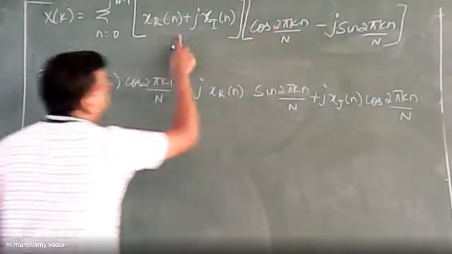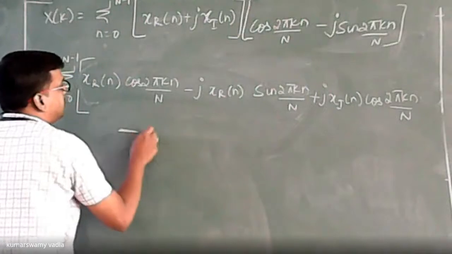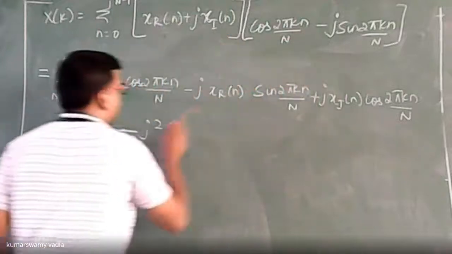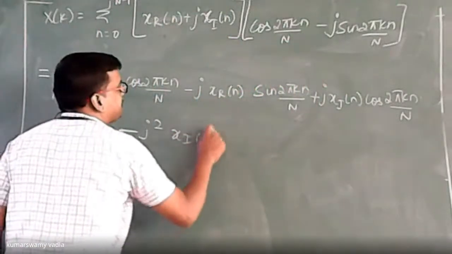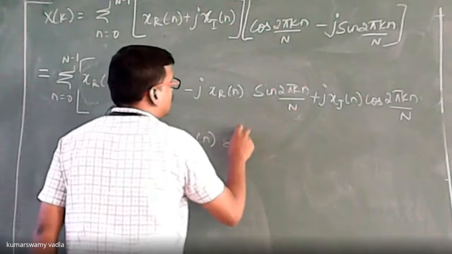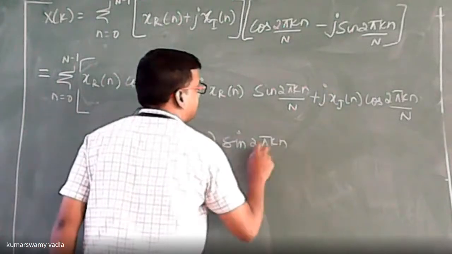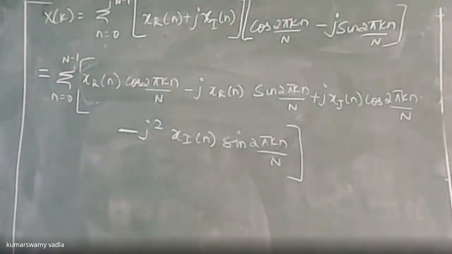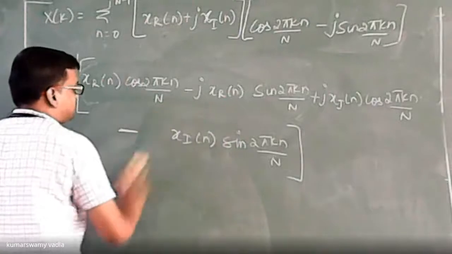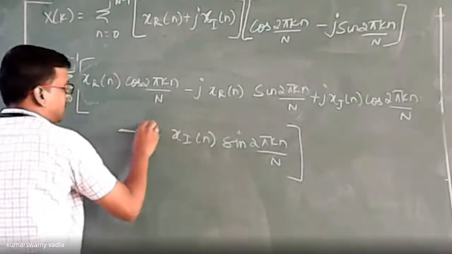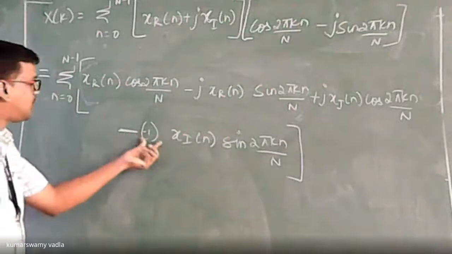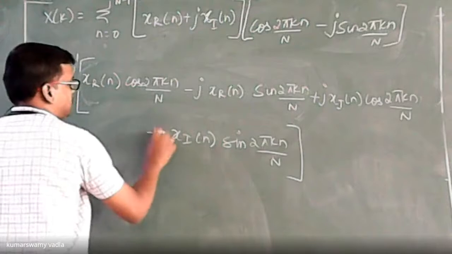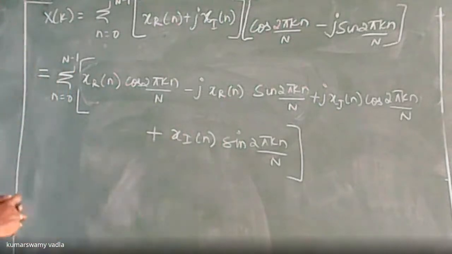Plus into minus is minus, minus j square xi of n sine 2 pi k n divided by N. Now this j square I will remove and write here minus 1. This minus 1 into minus will lead you plus. Yes or no, students?